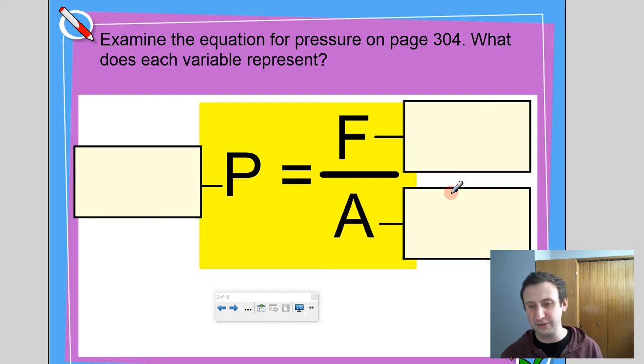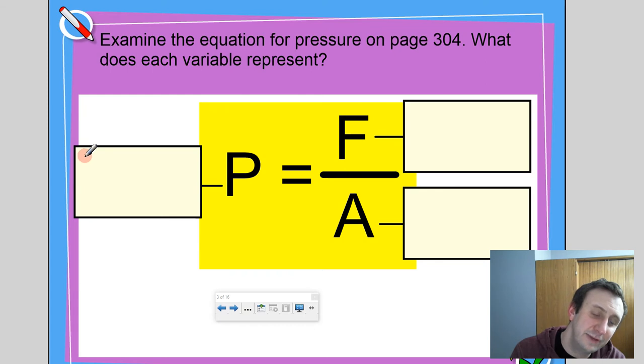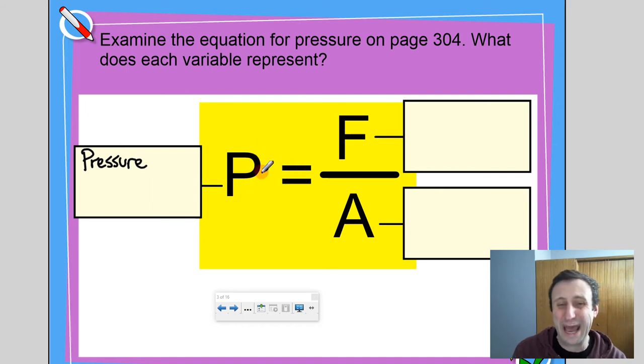So if I take a look, here's the different variables. Here's the formula for pressure, and let's talk about what everything is. So P is, of course, pressure. This is normally shown with a capital P. And the unit for pressure that we're going to use most often is something called a Pascal.